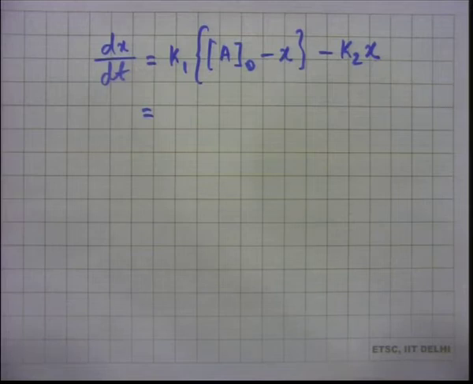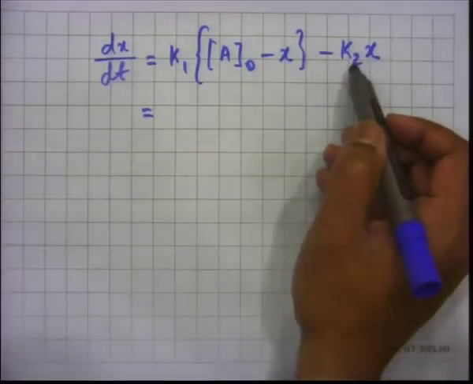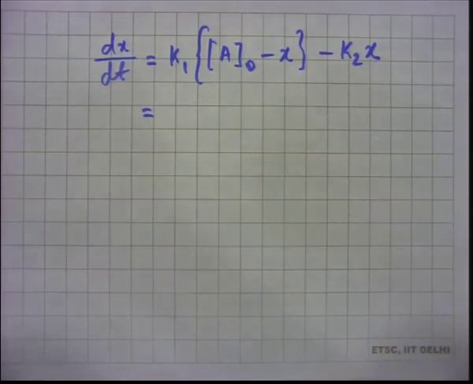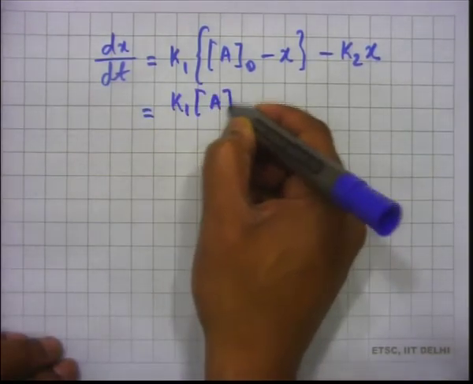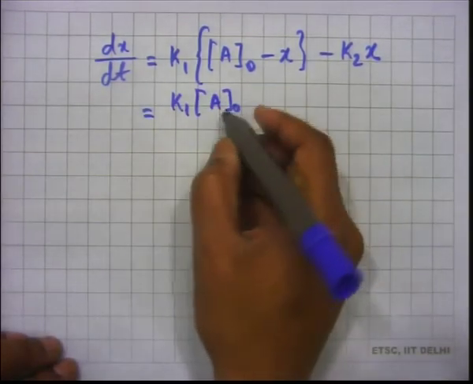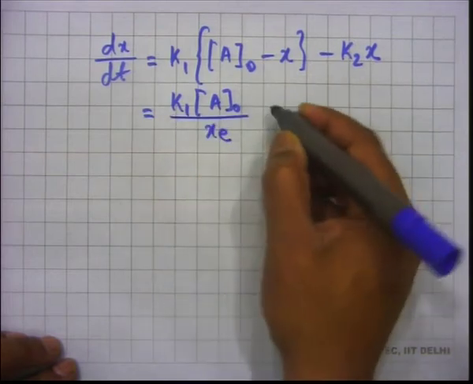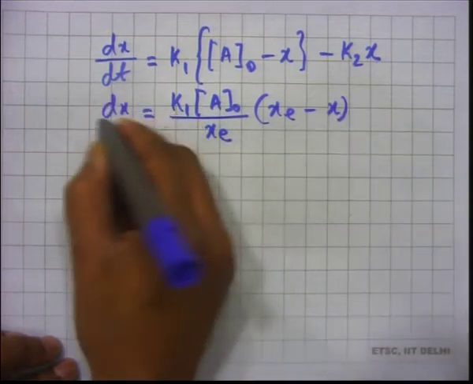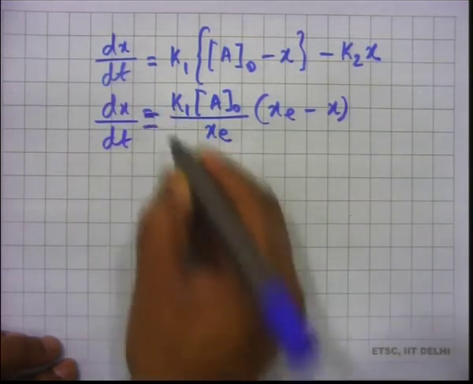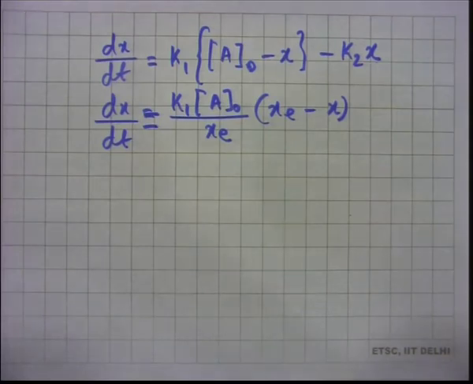So, we got K2 in terms of K1, and we replace this K2 by the expression that we have already got in terms of K1, and then we will get dx dt in terms of K1 only and not K2. That is your dx dt. So, it has only K1, it does not have K2.